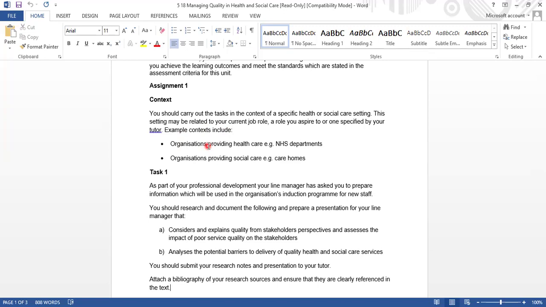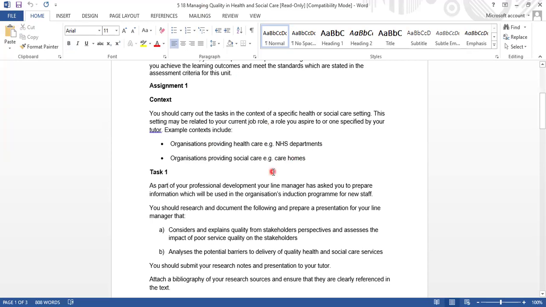And if you're actually making changes, it's a good exercise in the place you're working in. Otherwise, you can use organizations providing healthcare, such as NHS departments, any department you choose, or care homes.